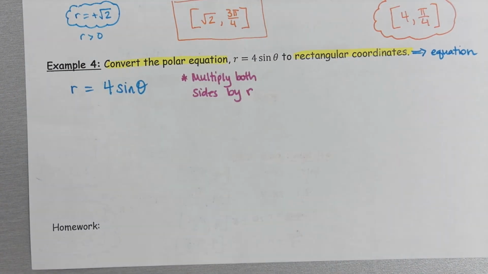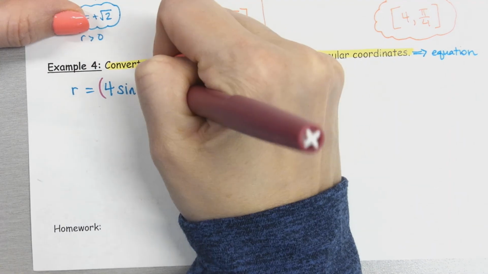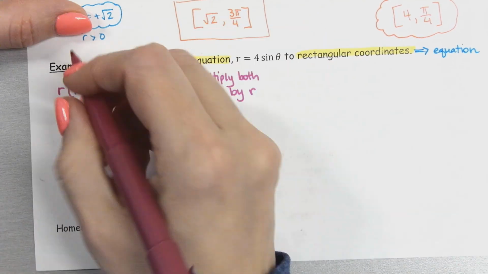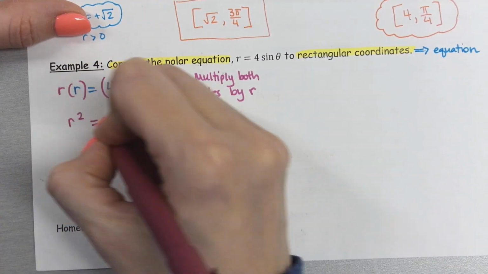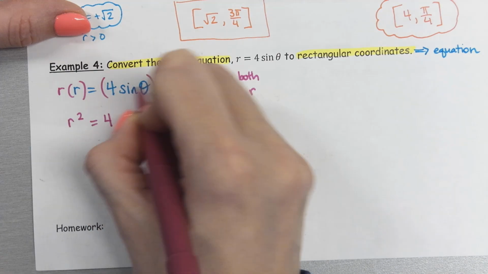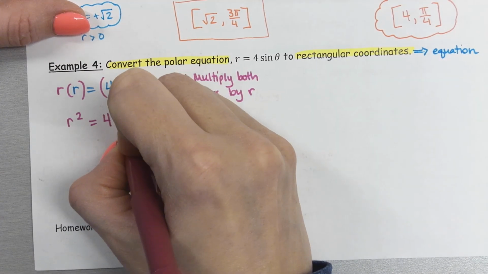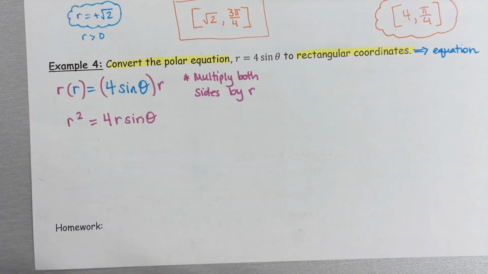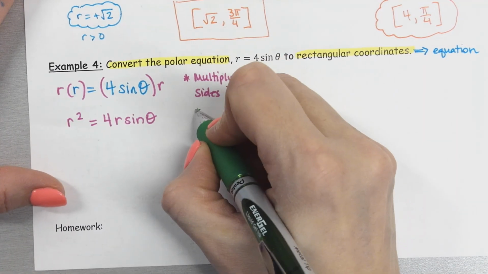And you're going to see in just a moment why that's going to be helpful here. So if you multiply both sides by r, you're going to get r squared equals 4r sine of theta. And we're going to be able to substitute in two things.